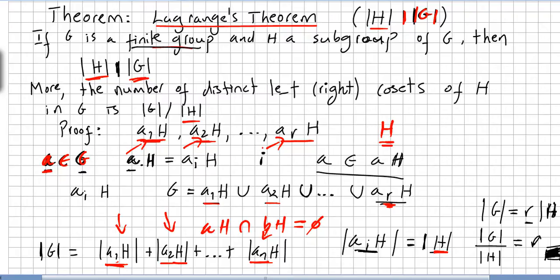Okay, so from the definition of index of a group, we can write it this way. The order of G is going to be equal to the order of H, R times.